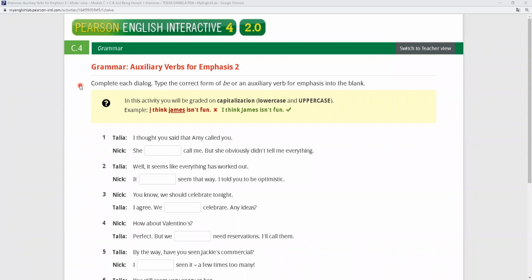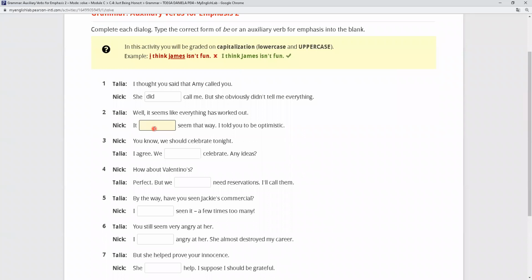Complete each dialogue, type the correct form of be or an auxiliary verb for emphasis into the blank. I thought you said that Amy called you. She did call me, but she obviously didn't tell me everything. Well, it seems like everything has worked out.